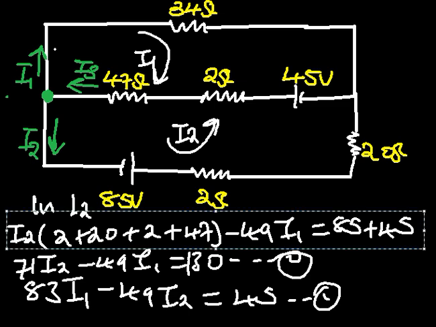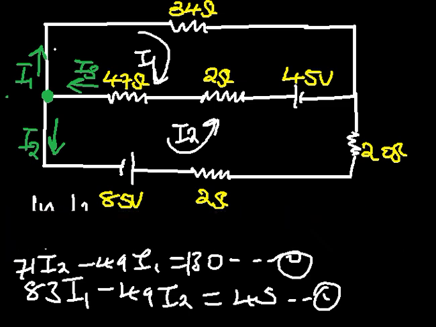Then we have to solve those 2 equations simultaneously. We can use the substitution method or the elimination method. But let's use the elimination method. So in this case, we'll have, let's say, 83 I1 minus 49 I2, which is equal to 45.